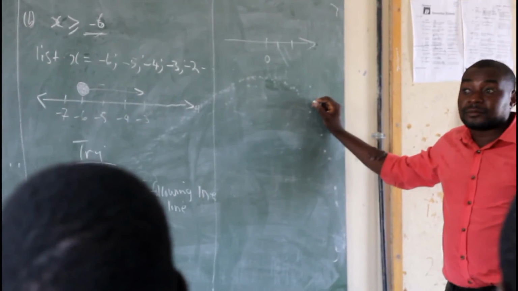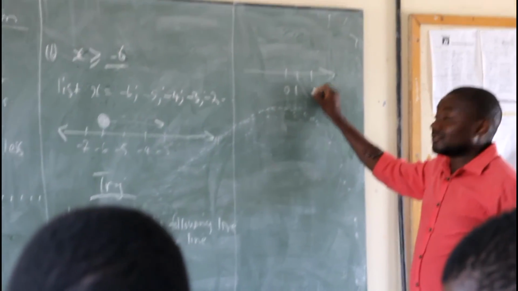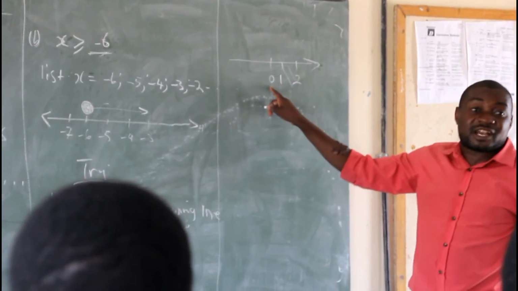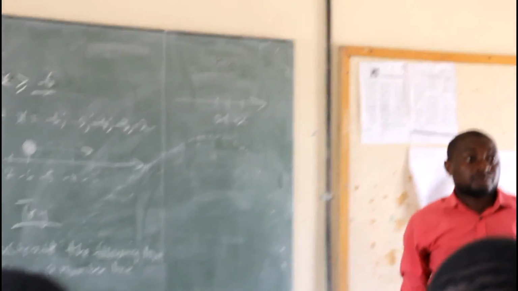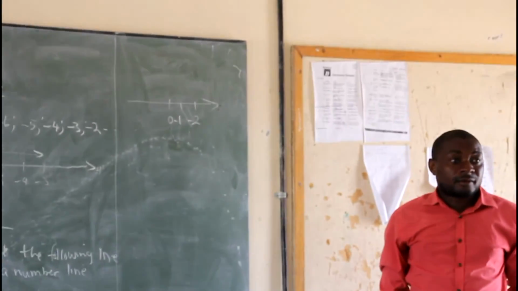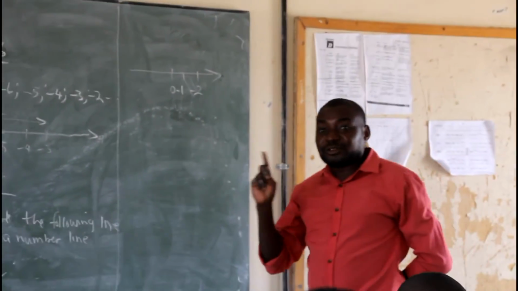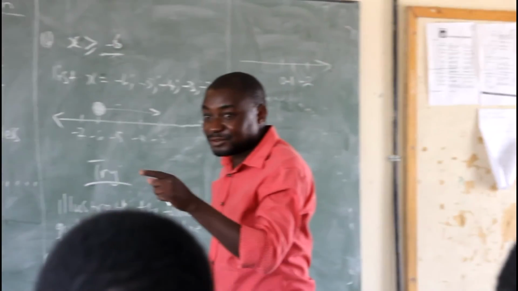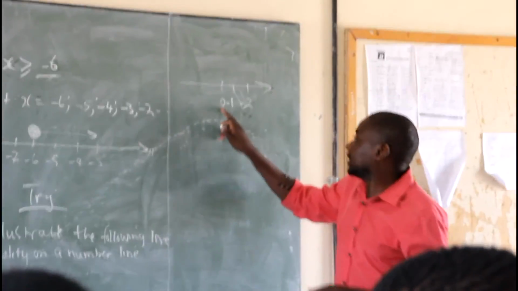Okay? One. This one? Right, we cannot say from 0 point to the right, negative 1, negative 2. Negative numbers should always go from 0 to the what?